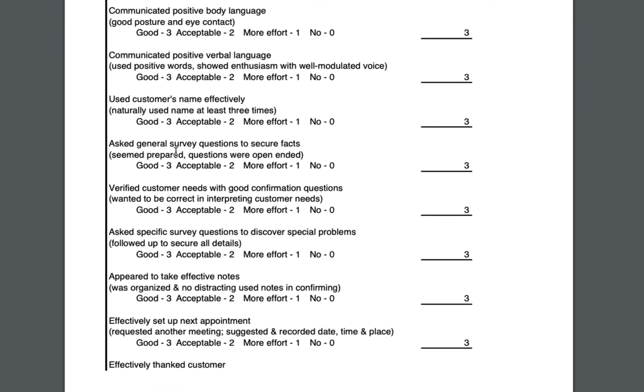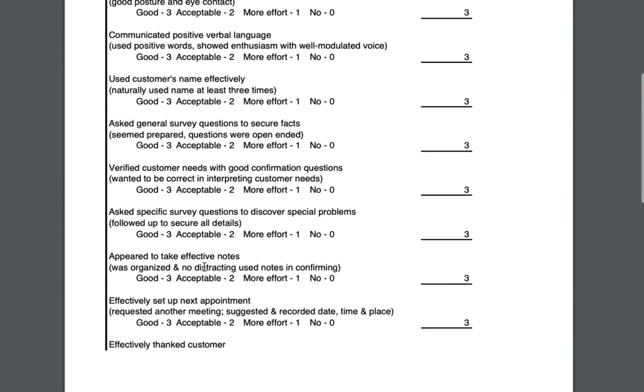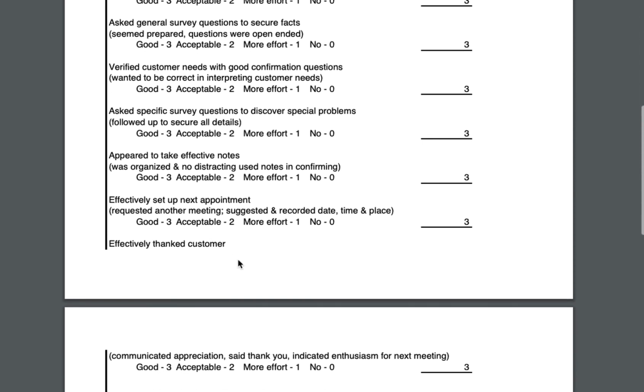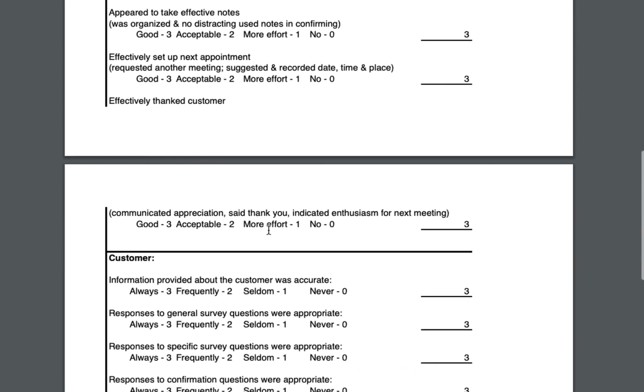We're verifying those confirmation questions. We might be asking specific survey questions to get more detail. We want to be taking notes, and very important to make sure we're setting up a meeting, another appointment. And this is when we're going to be setting up our final presentation, a sales presentation, based on all the information that we are given today.